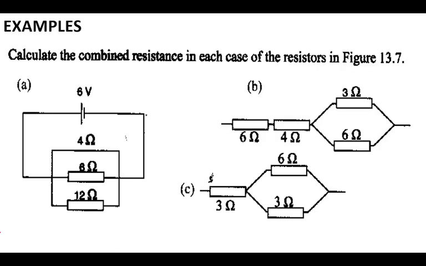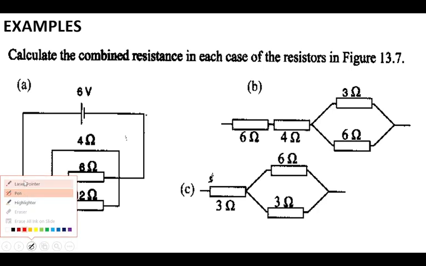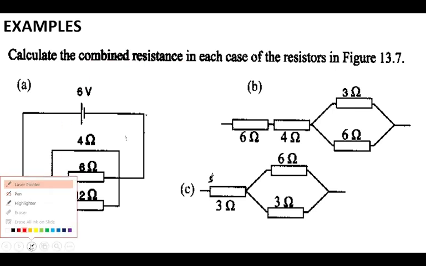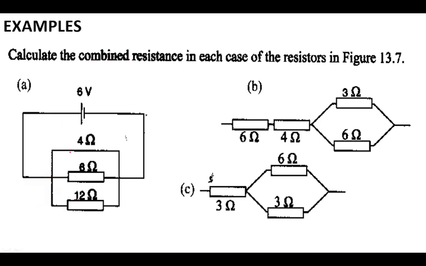All right, let's appreciate three more examples here. Let's look at what we are given. We are asked to calculate the combined resistance. Remember, combined resistance means sum. You just have to add the resistors up, and it will give you the combined resistance. In some cases, instead of saying combined resistance, they will tell you to find or calculate the total resistance.